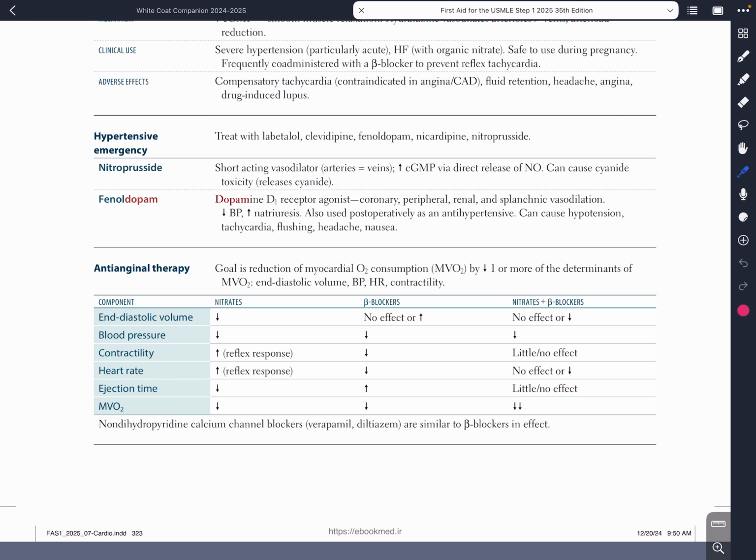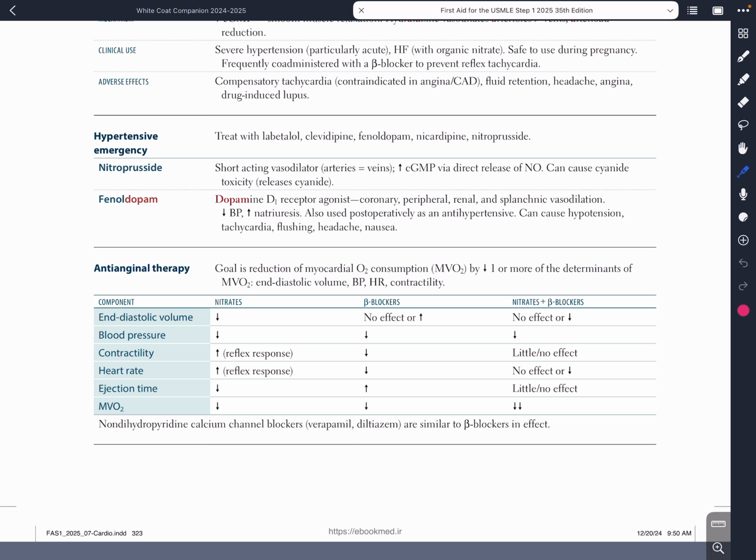To decrease oxygen demand in the myocardium, you use anti-anginal drugs. MVO2 is the short form for myocardial oxygen consumption or demand, either way. So you decrease one or more of the determinants of MVO2.